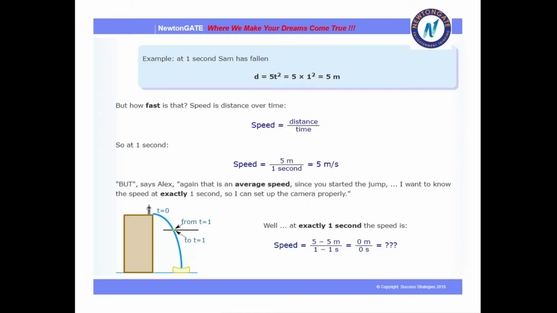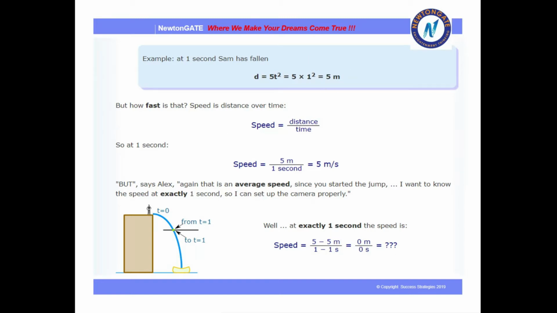Now, as we know, the formula for speed is final distance minus initial distance divided by final time minus initial time. Now, let us go back, and we have to see exactly 1 second. Now, exactly 1 second means what? Here we are saying that exactly 1 second means the initial as well as the final time is 1. Now, at 1 second we know that the distance covered was 5 meter.